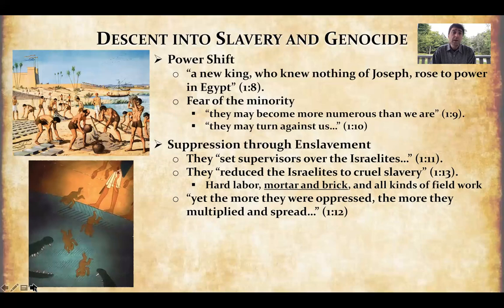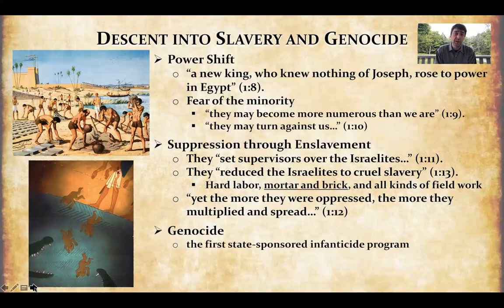And so drastic measures were taken in the form of genocide. First, there's a state-sponsored infanticide program where midwives are hired by the Egyptian regime to immediately kill any male children as soon as they're born. And the reason for this is that the identity of the people in the culture was handed down through the male line.